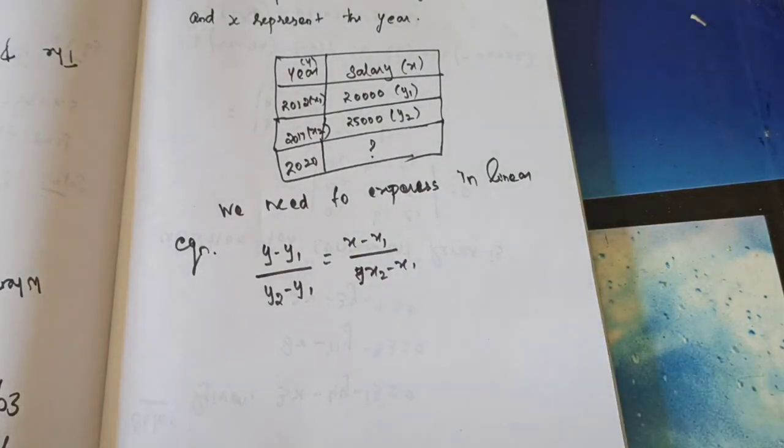Do you remember this formula? You learned it in coordinate geometry. Two points are given, so we use the same formula to find the linear equation.